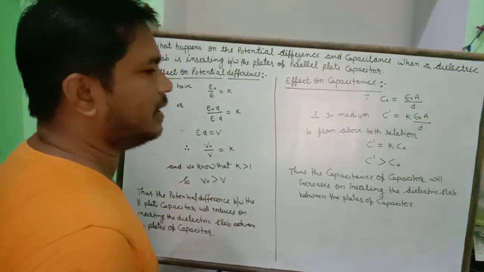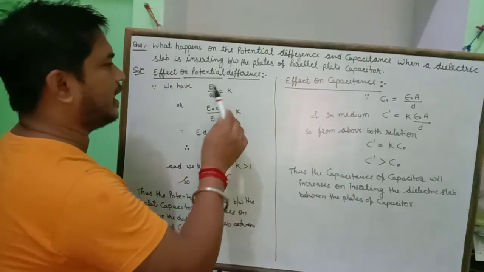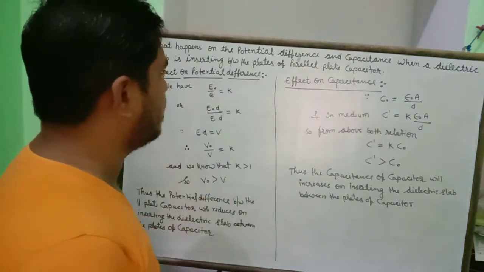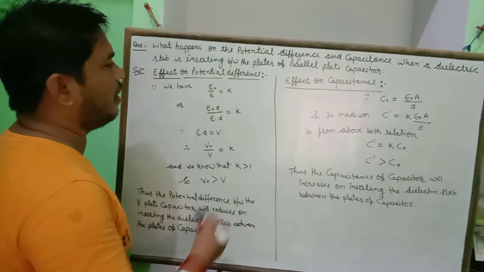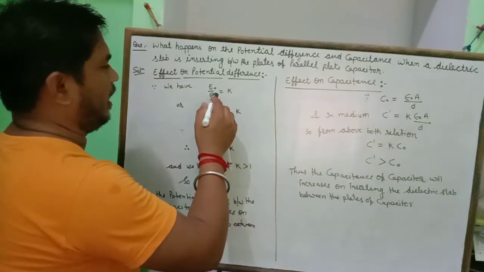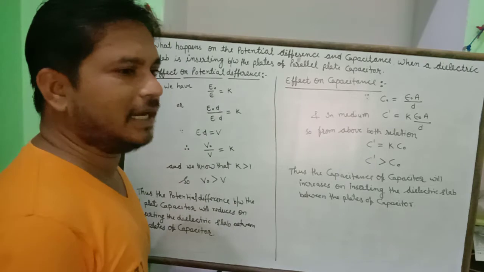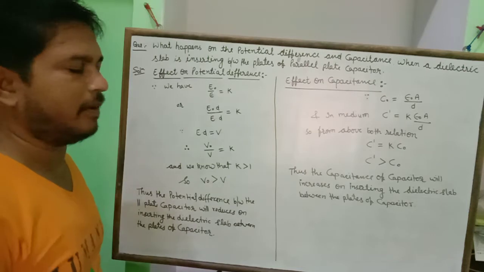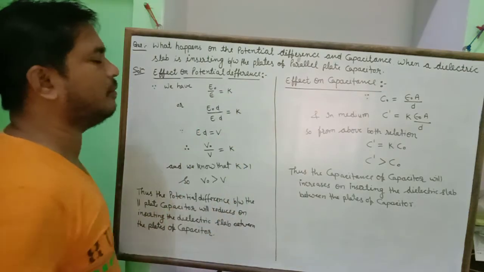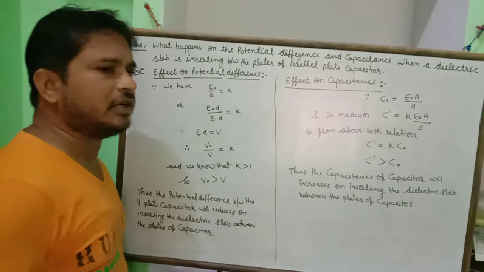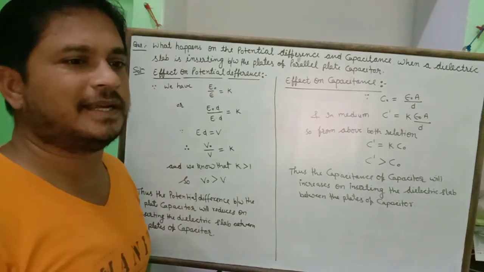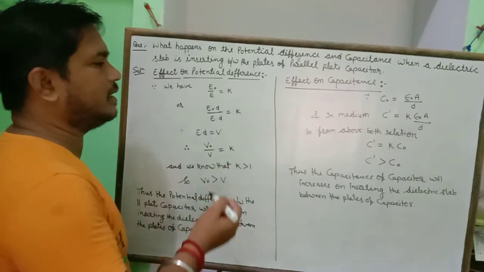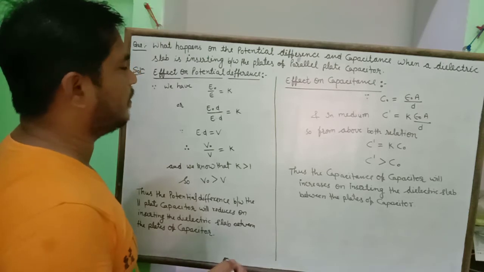We know that the dielectric constant K may be defined as the electric field intensity in air or vacuum upon the electric field intensity in any medium. So K is equal to E naught upon E, where E naught is the electric field intensity in the air medium and E is the electric field in the medium.